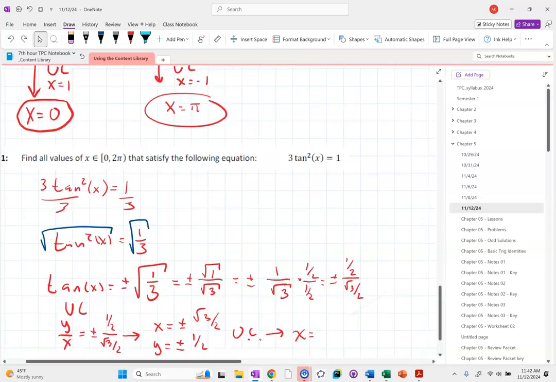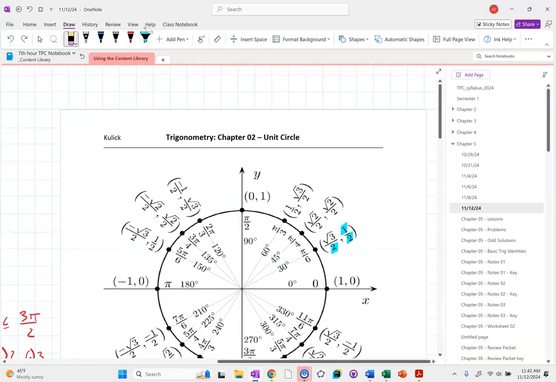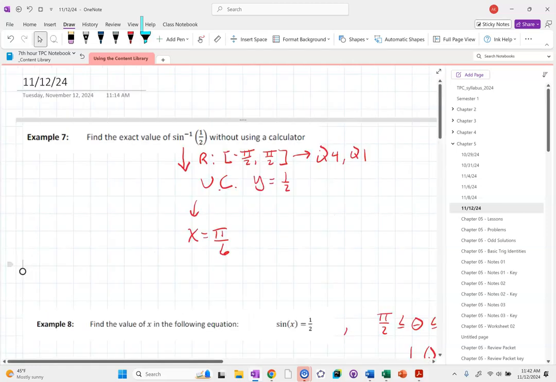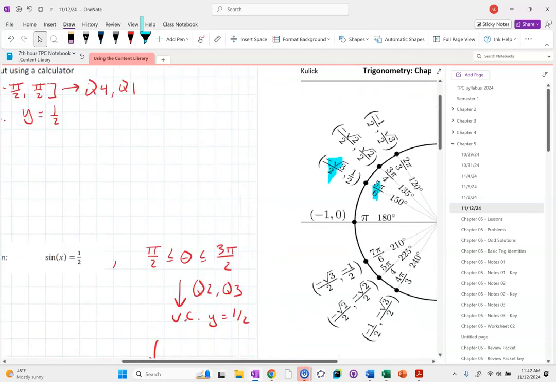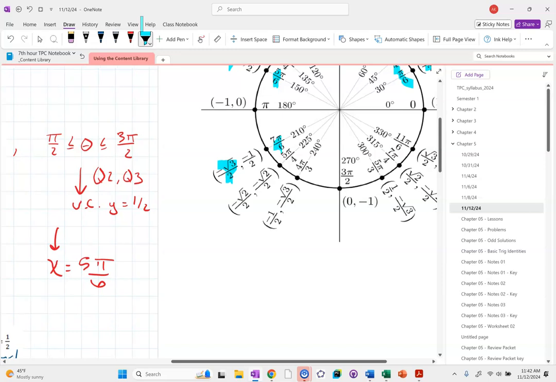All right, so let's go to the unit circle. So we're looking for places where the x has the square root of 3 over 2, either positive or negative. So there. Ugh. What did we just do here? There. And then there. So I have pi over 6, 5 pi over 6, 7 pi over 6, and 11 pi over 6. Is everybody okay?